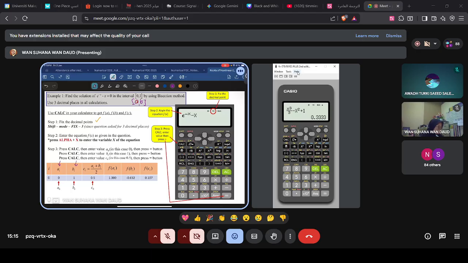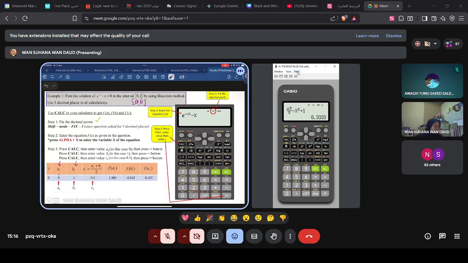All right, we already put the values of a and b, and this is the midpoint. I hope everyone still remembers what your lecturer taught you.